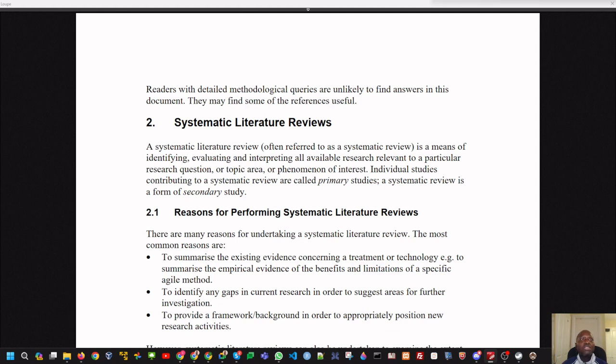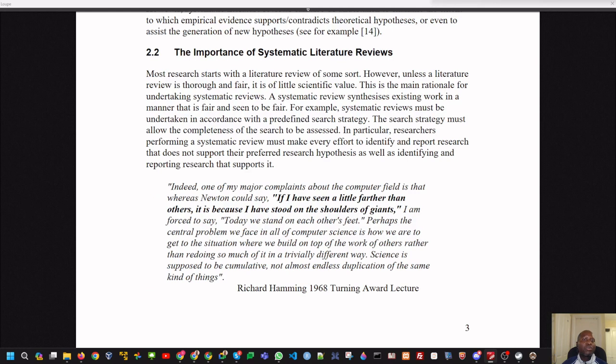I would like to draw your attention to a statement that has been said by a prominent computer scientist. Indeed, one of my major complaints about the computer field is that whereas Newton could say, "If I have seen a little further than others, it is because I have stood on the shoulders of giants."